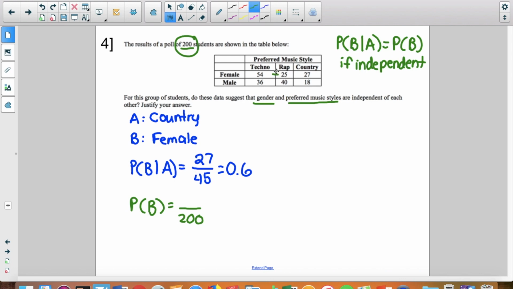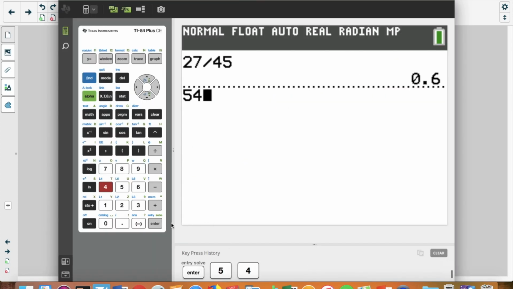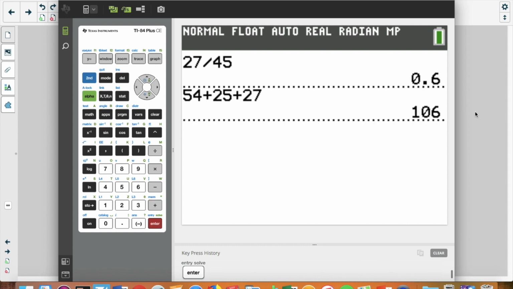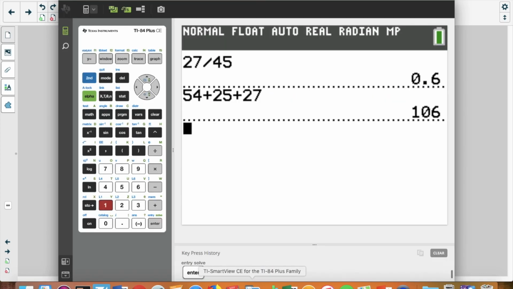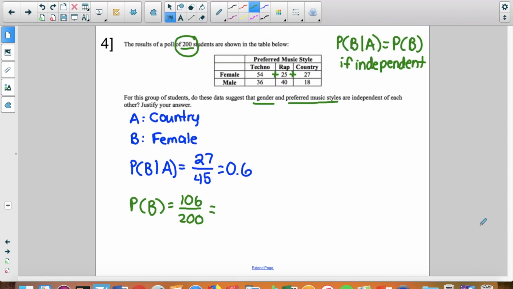To figure that out, we add up the female column. 54 plus 25 plus 27, that is 106. So this tells us that 106 out of the 200 people surveyed were female. Let's figure out what this number is. 106 divided by 200, we get 0.53.